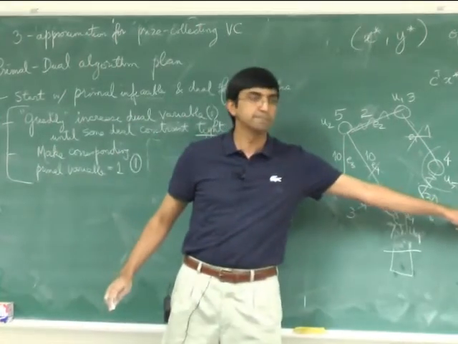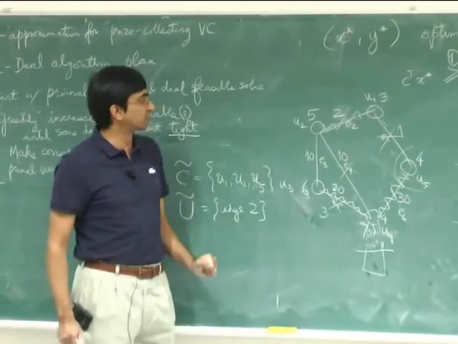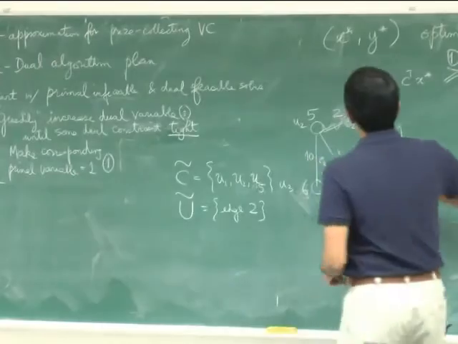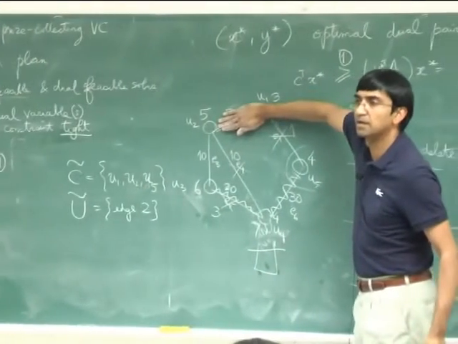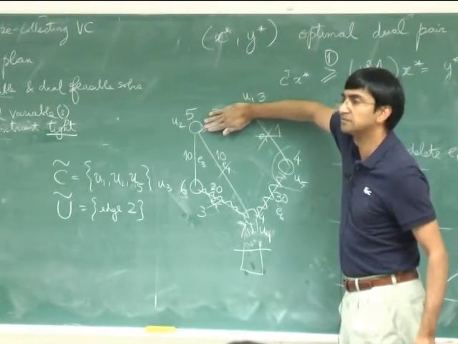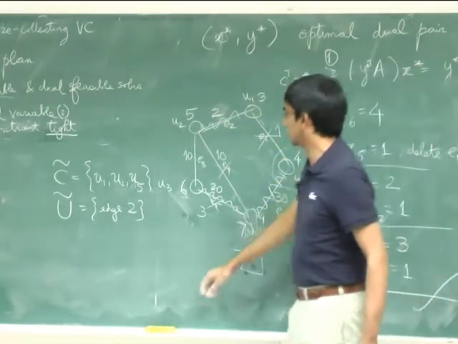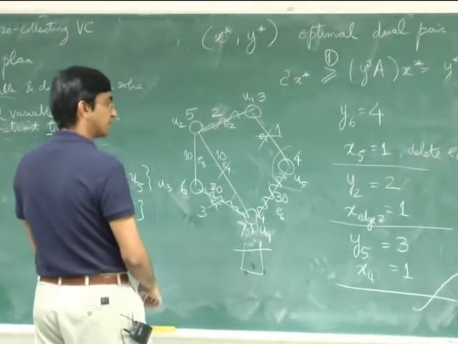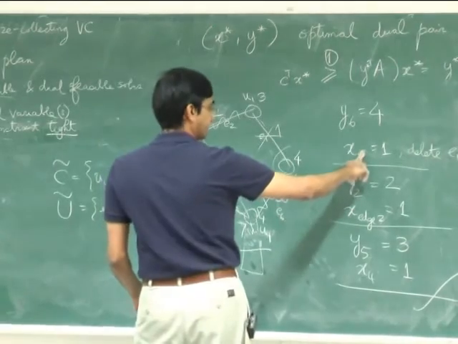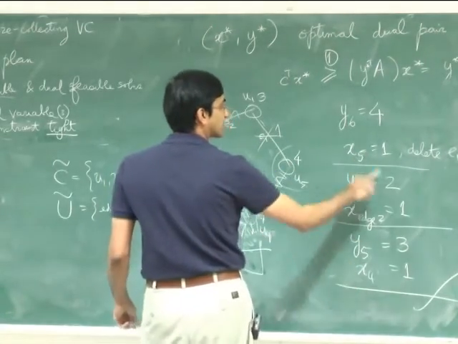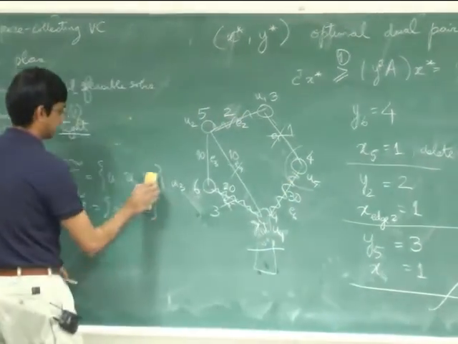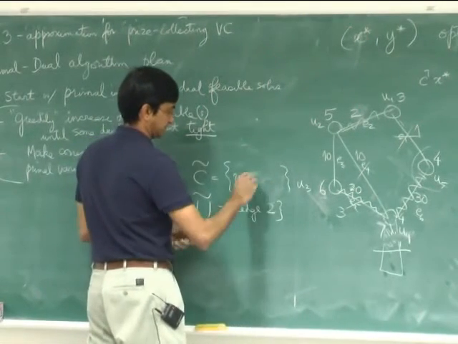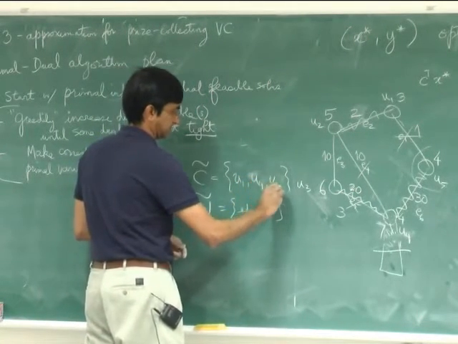Right? Okay, let's make sure it's okay. If I get rid of edge 2, right? U1, thank you. U4, U5, yeah. Good.